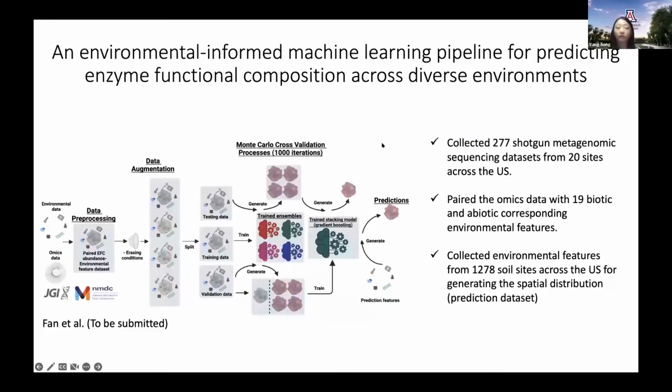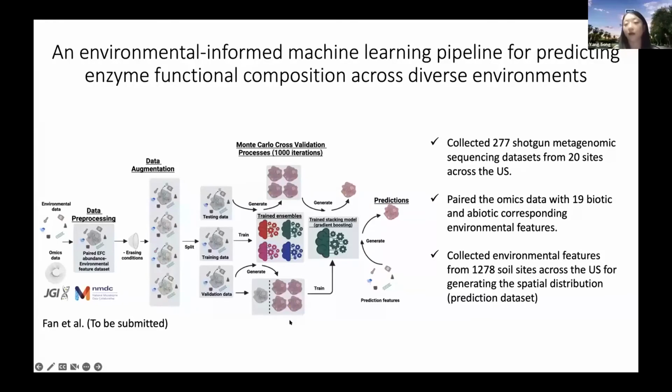To answer these three questions, we developed this whole machine learning pipeline. It starts with collecting existing published omics data, mainly metagenomics data, from JGI and also NMDC. We also pair those data with the corresponding environmental data.